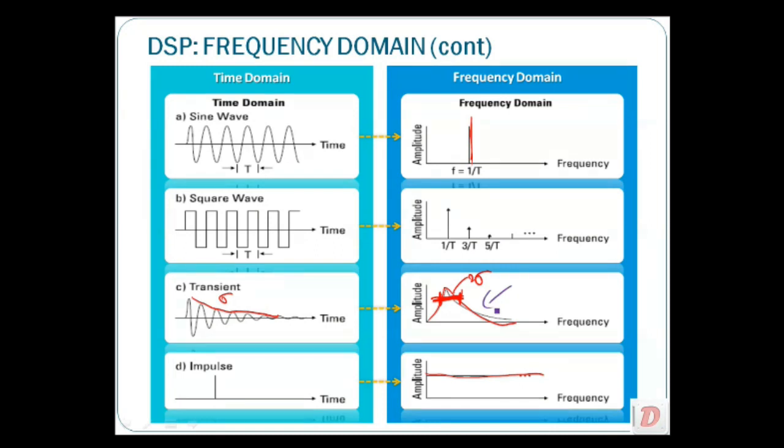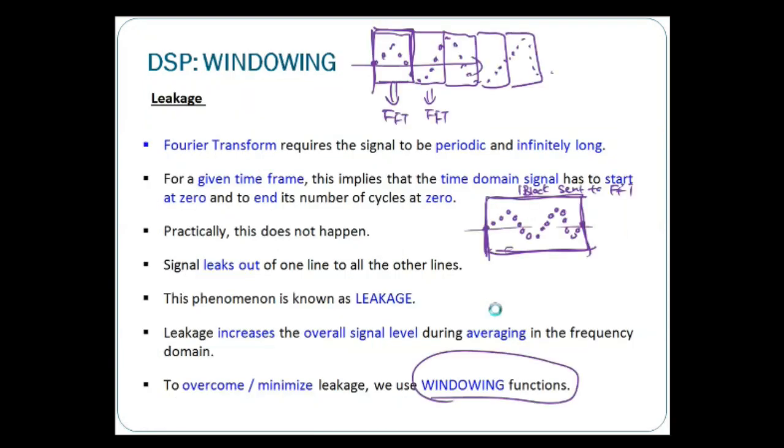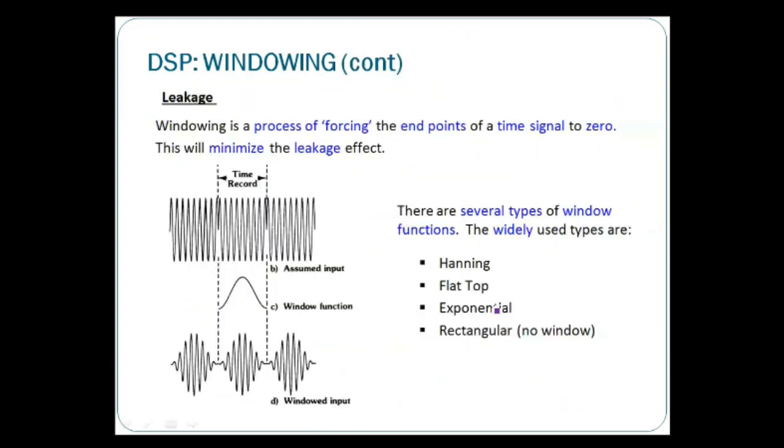It is an error during computation. So windowing is a process of forcing the beginning and end points of the time signal to 0, and it will minimize, we don't say eliminate, but minimize the effects of leakage.